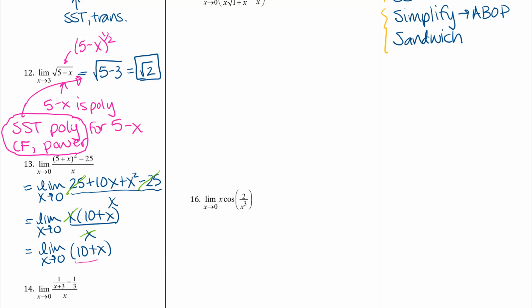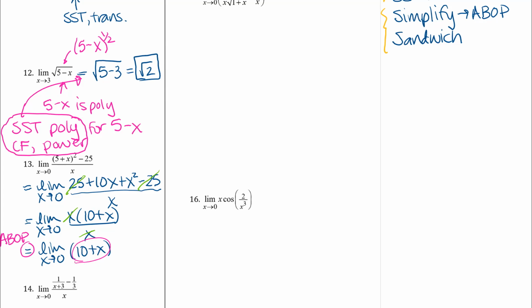And this new function that I have here has a domain that is all real numbers including 0. So they're not the same function, but they do have the same limit. So at this step, where I rewrote the function without the x on the denominator, I used the theorem about functions that agree at all but one point. So that's the abbreviation I usually use for that theorem, functions that agree at all but one point.